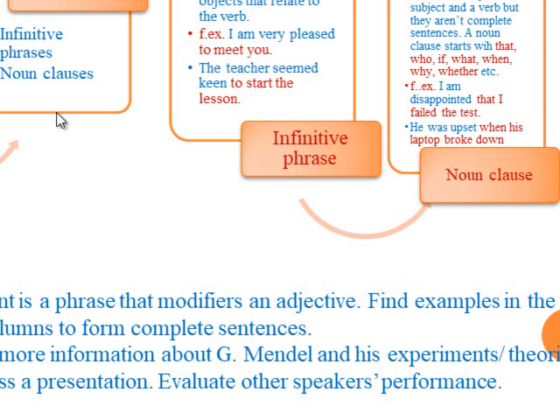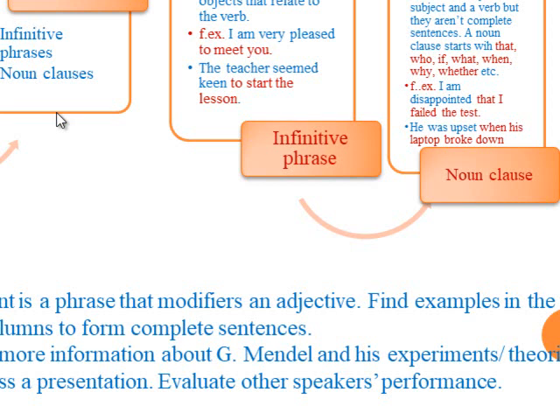Adjective complements. What is an adjective complement? An adjective complement is a phrase that gives extra information about an adjective. It can be an infinitive phrase or a noun clause. What is an infinitive phrase?